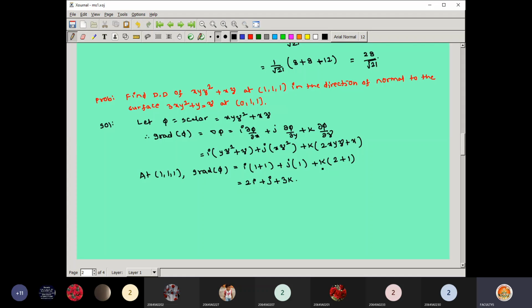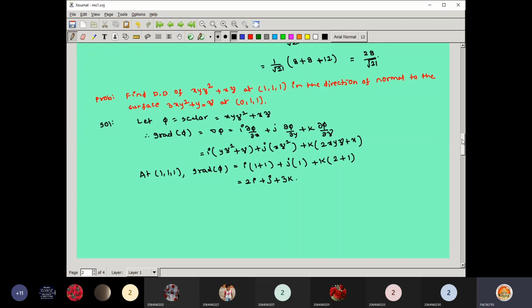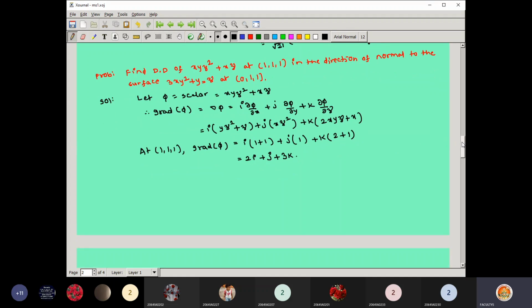Now the problem is we need to get the unit vector. So in order to get the unit vector, they have not given any vector function. So consider, they have given another scalar.